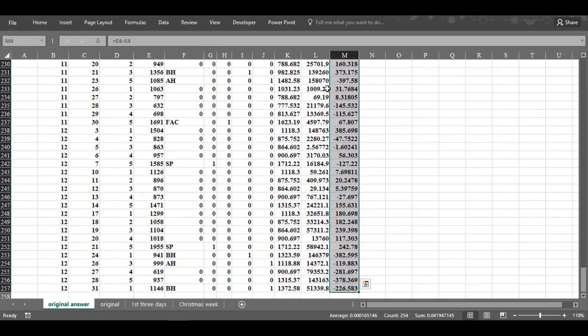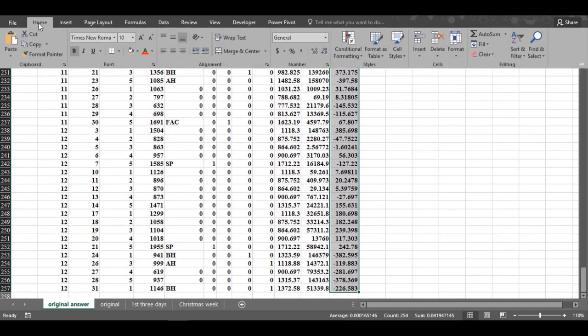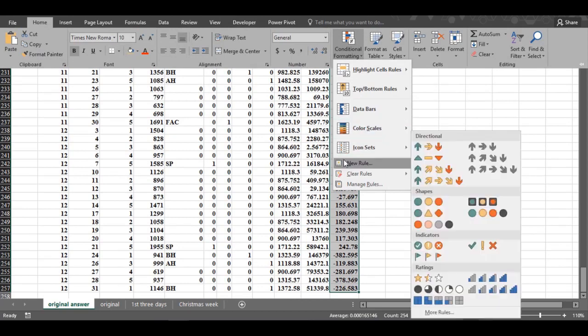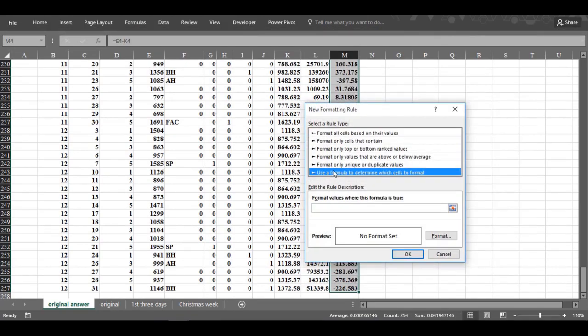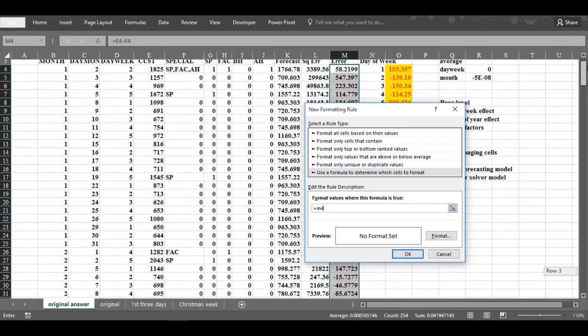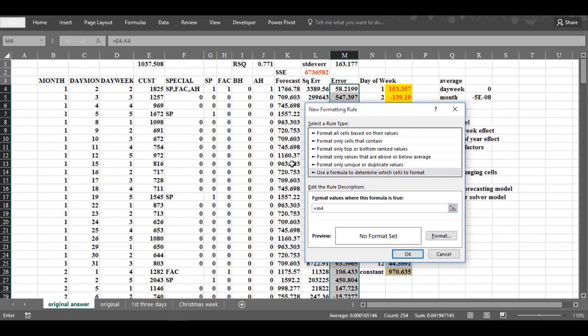Okay, so I'd select this range. I would do Home, Conditional Formatting, New Rule, use a formula, and it would be equals ABS of M4, which I don't dollar sign. That's the absolute value of M4, because the outlier can be positive or negative. Absolute value takes away the sign.